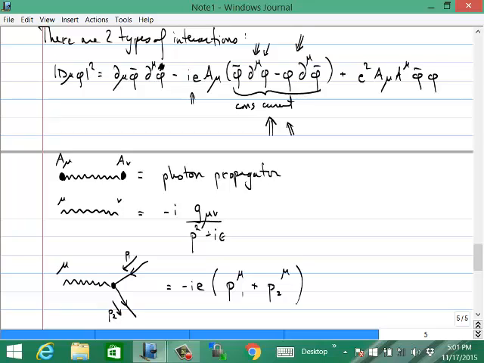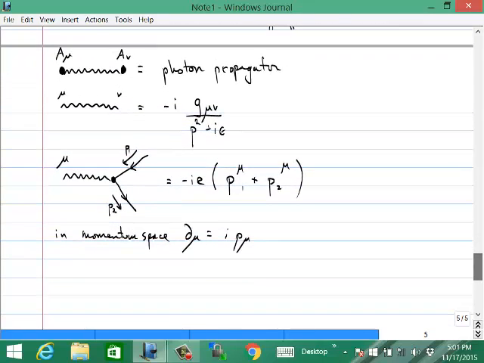Now, actually, going through and keeping track of all of these signs here is a little bit tricky. In fact, there's a problem that I've assigned you on the problem set that's due Friday, where you derive Feynman rules, including derivative interactions, keeping track of all of the careful signs.